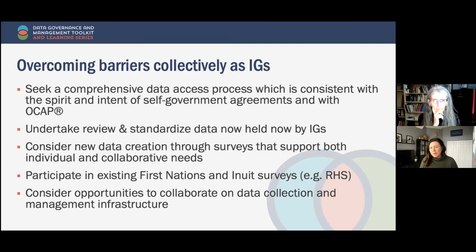There's also this work that you're all doing as a group around, well, let's try to work together so that we can harness some greater capacity, bridging work as a group. And that can extend to things like reviewing and standardizing all of the data that's now held by your government.